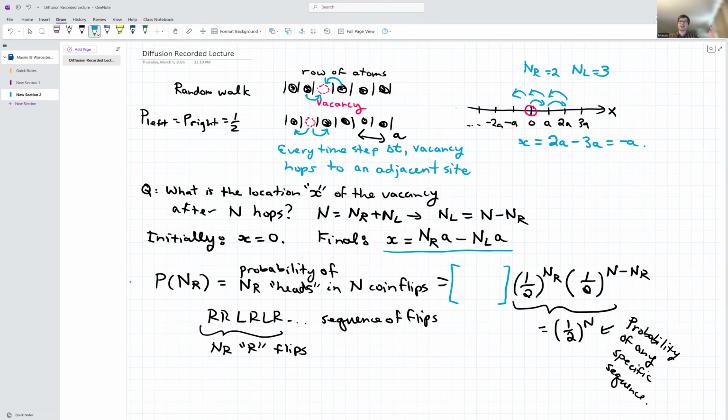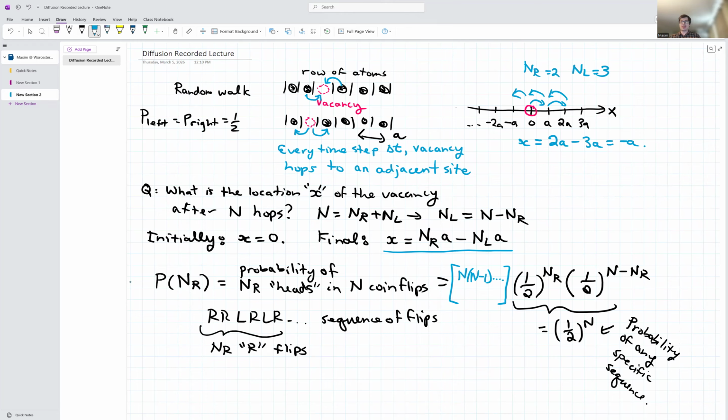If you have a total of n, then there are n ways to place the first flip, and then n minus 1 ways to place the second flip, and so on, all the way up to the last flip of the sequence, where there will be just one way to place the one that's left over.